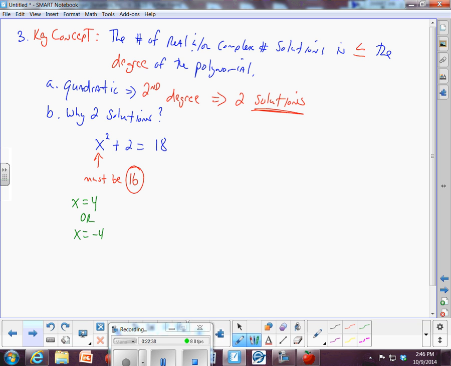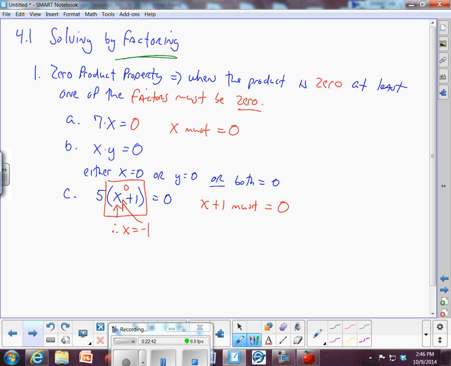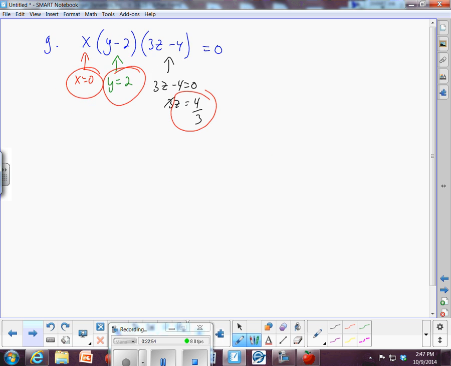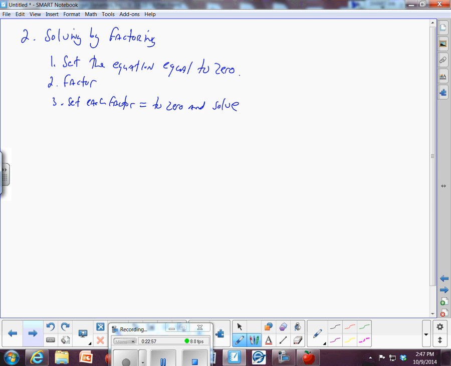If it's a second degree, you're going to have 2 solutions. How do you solve by factoring? We're going to use the zero product property. Things multiplied together, if they equal 0, then one of them has to be a 0. We went through the progression, and now that leaves us right here. So let's do some examples.